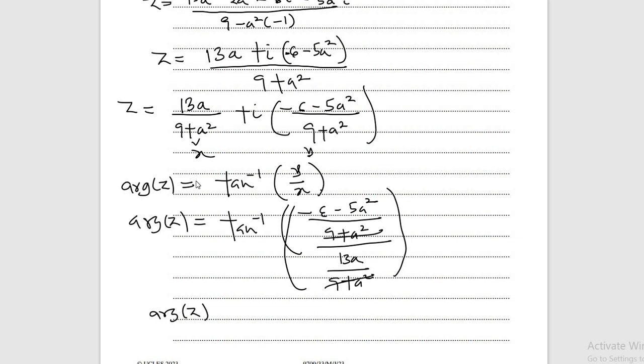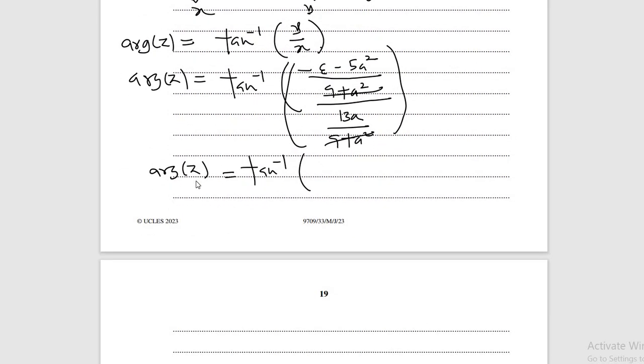So the argument of z is now arctan of minus 6 minus 5a squared over 13a.